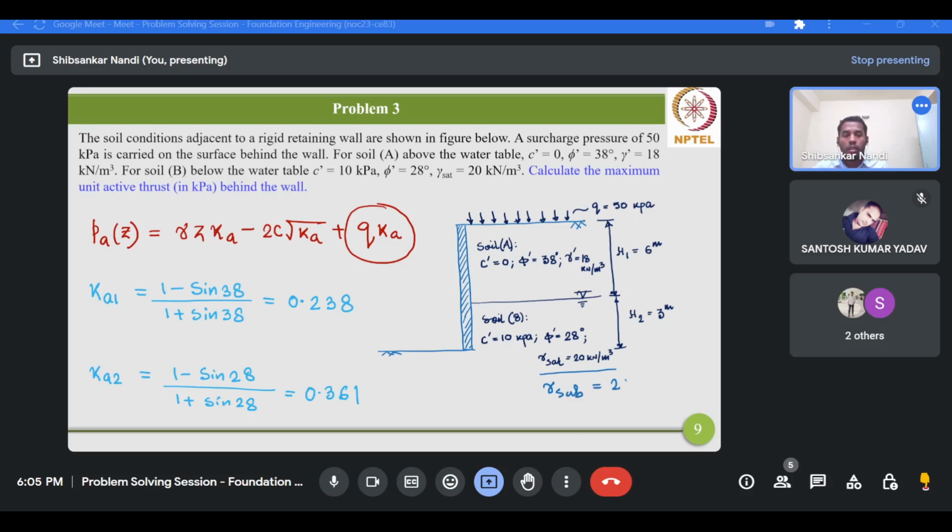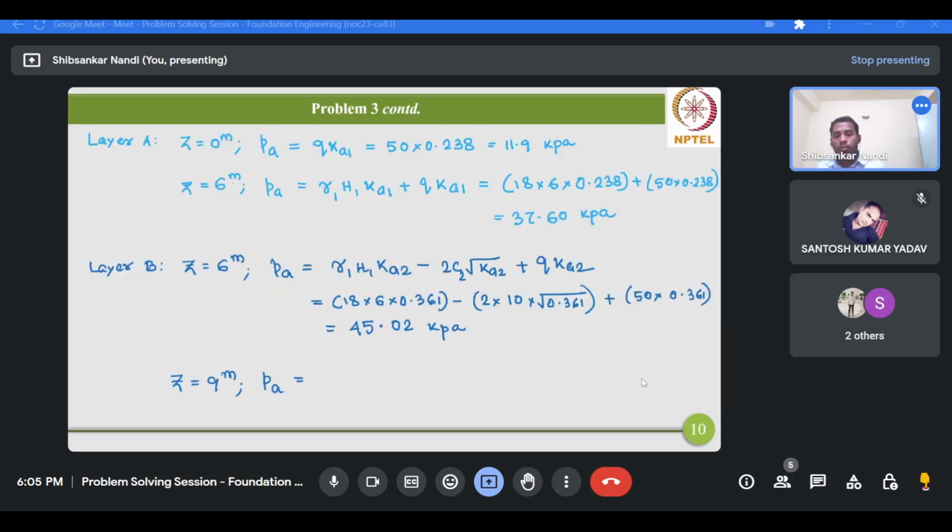This will be 20 minus 10, that is 10 kilonewton per meter cube, because gamma sat minus gamma W gives you the submerged unit weight for layer B.